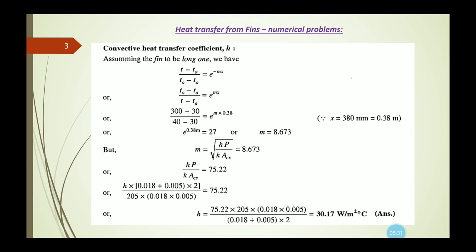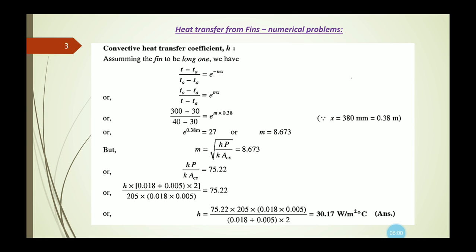Now putting all these values in this equation, you can easily calculate the value of the convective heat transfer coefficient. The value of h we are getting here is 30.17 watt per meter square degree centigrade. So this is the procedure with the help of which we have calculated the convective heat transfer coefficient for this fin heat transfer.